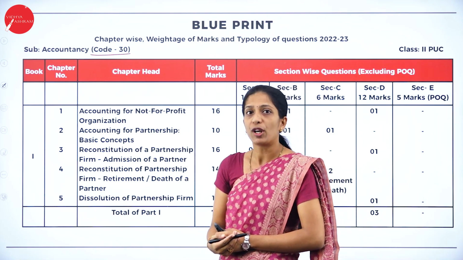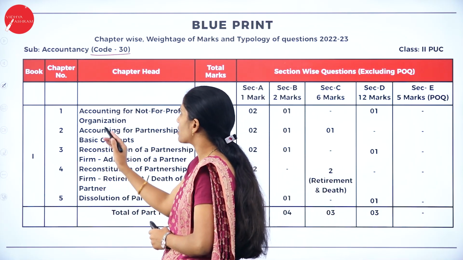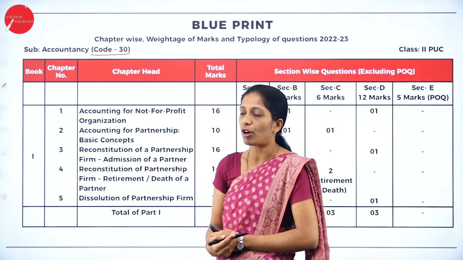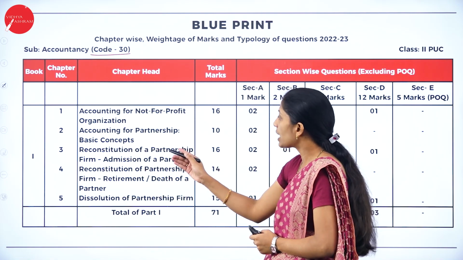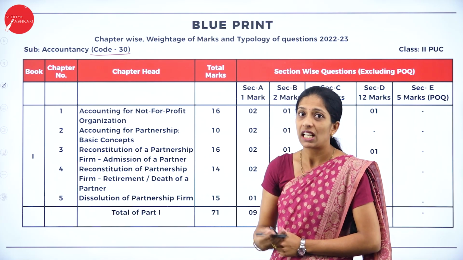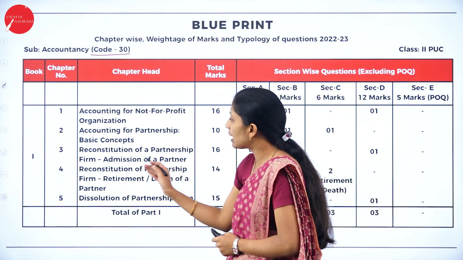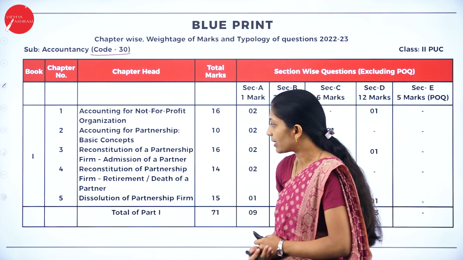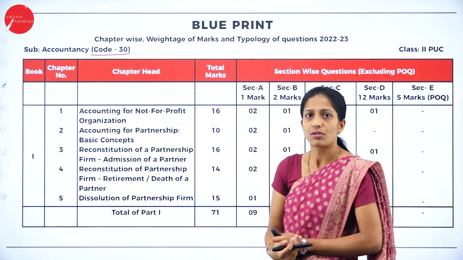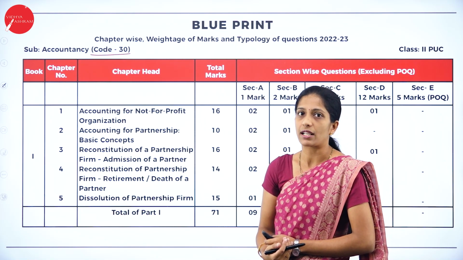If you see your book 1, there are 5 chapters: accounting for not-for-profit organization, accounting for partnership basic concepts, reconstitution of partnership firm, that is admission of a partner. Again, under reconstitution of a partnership firm, we have retirement or death of a partner, and the 5th chapter is dissolution of partnership firm.